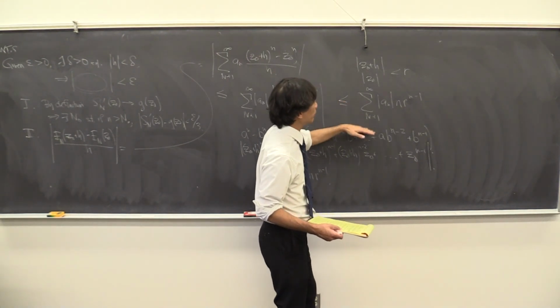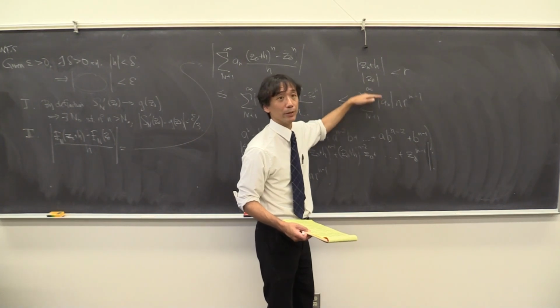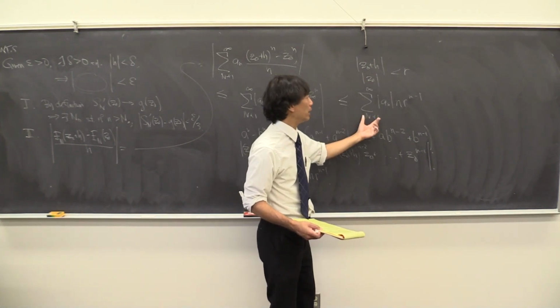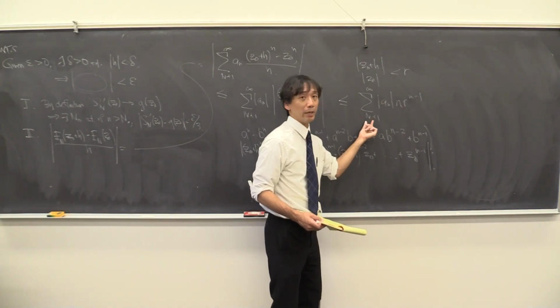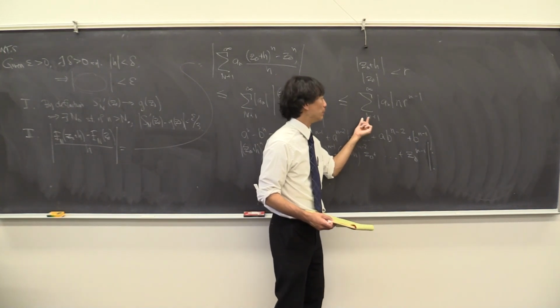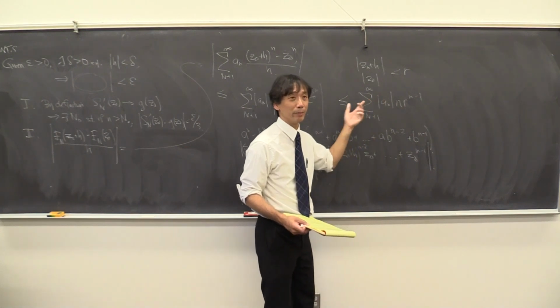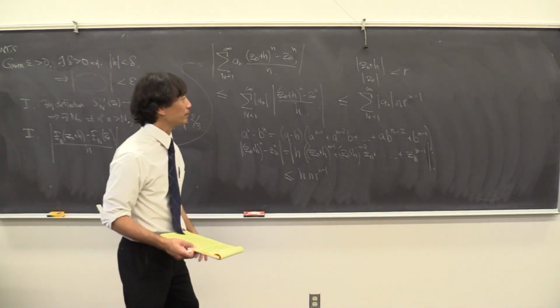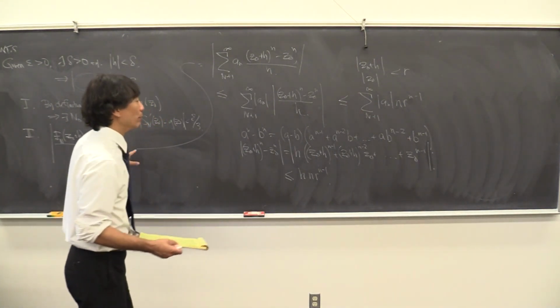So if we sum this from 0 to infinity, that's a convergent series. So it's the tail end of a convergent series, which means that given control of big N, we can make this as small as we want. As big N goes to infinity, the tail must go to 0 for the series to be convergent. So what does that tell us? That we can make this thing as small as we want.